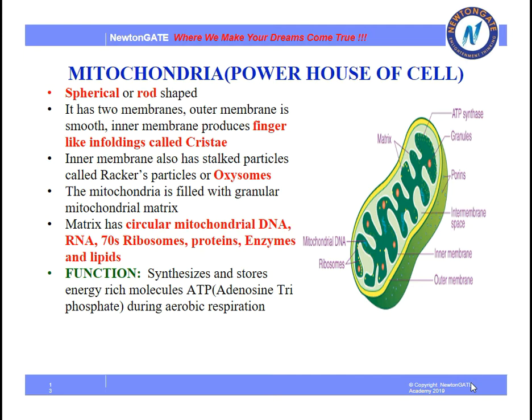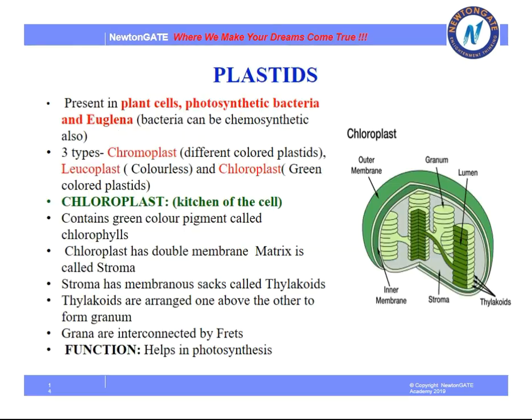The mitochondria is filled with granular mitochondrial matrix. The matrix has circular mitochondrial DNA, RNA, 70S ribosomes, proteins, enzymes, and lipids. It synthesizes and stores energy-rich molecules as ATP, that is adenosine triphosphate, during aerobic respiration.